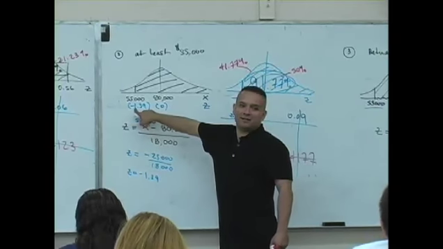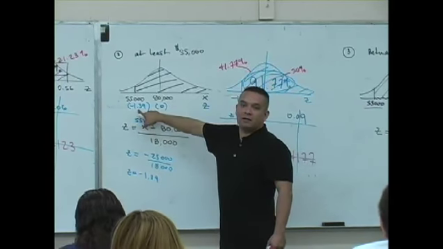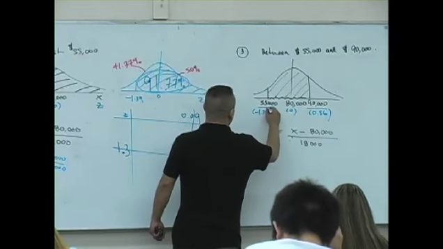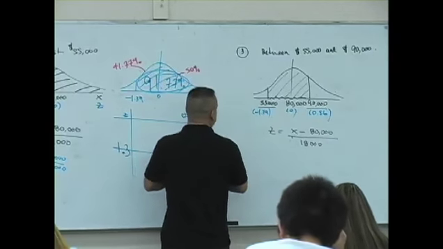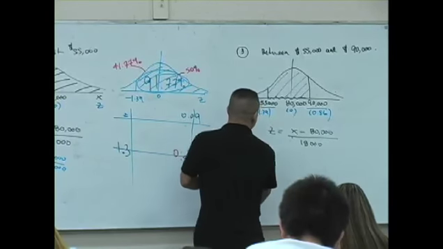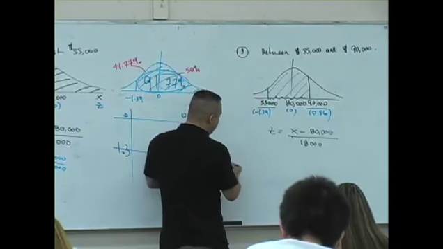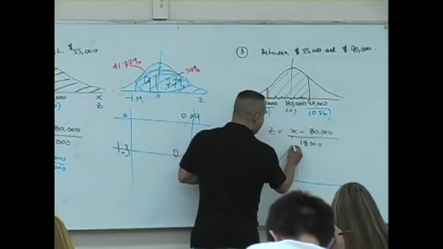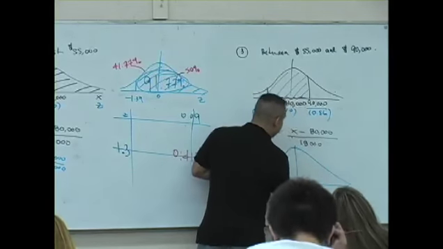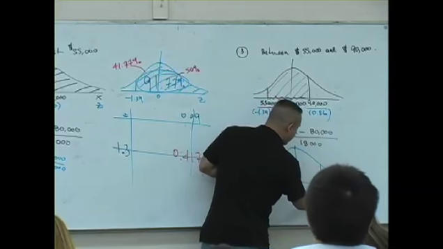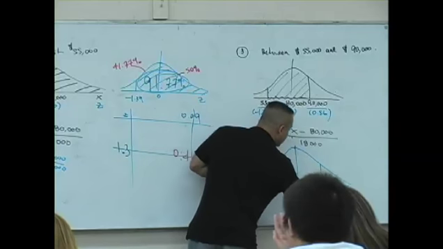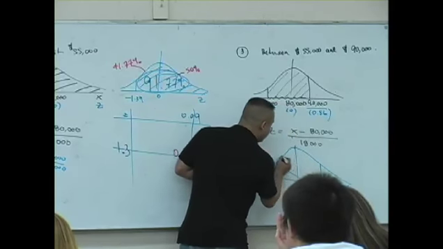Negative 1.39. So I can create another bell where this is 0.56 and this is negative 1.39. Here's my z, shade everything this way.